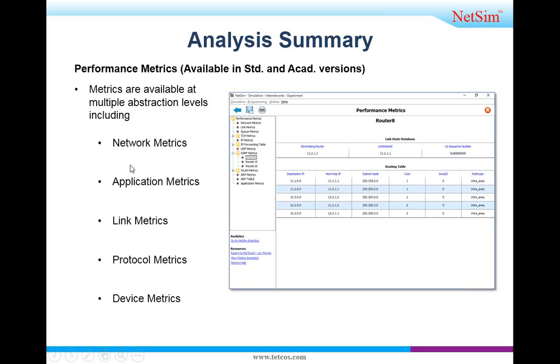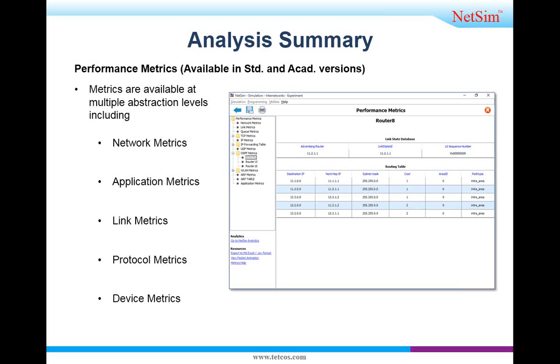So network metrics allow the user to view the values of the metrics obtained based on the overall network. So overall network performance you can see from there. Then application metrics display the various metrics based on the application running in the network scenario, like throughput, delay, and many more. Then link metrics.